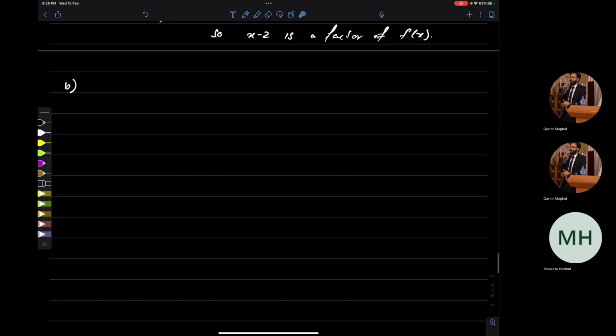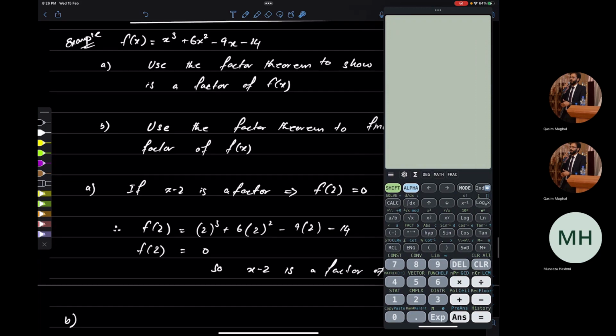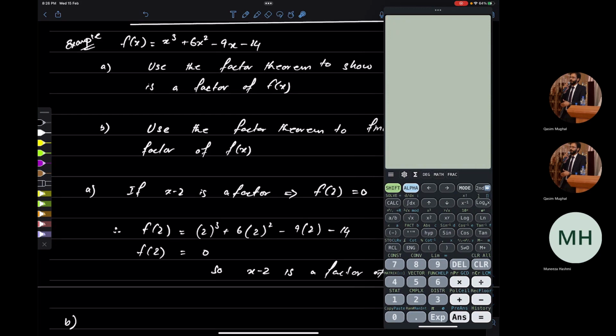The best thing to do is to put the function in your calculator first: x cubed plus 6x squared minus 9x minus 14.